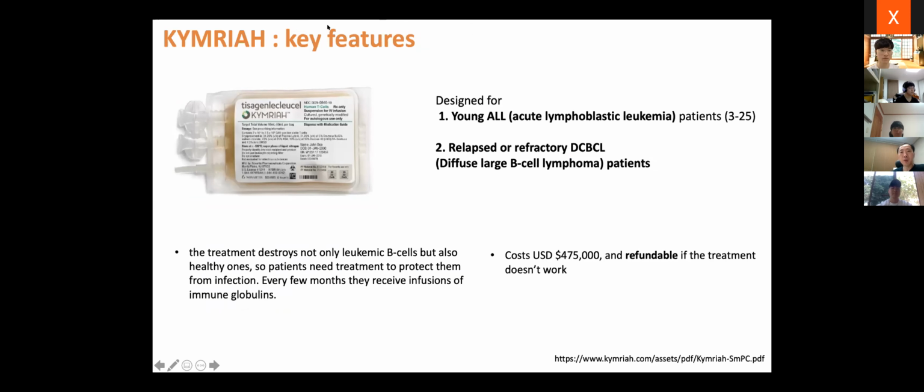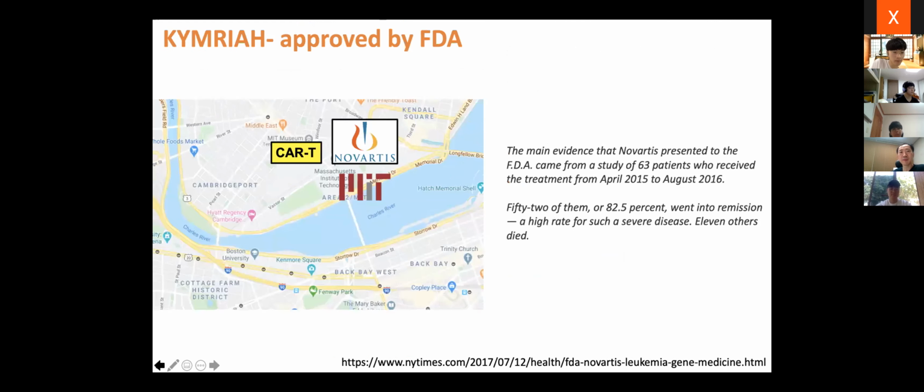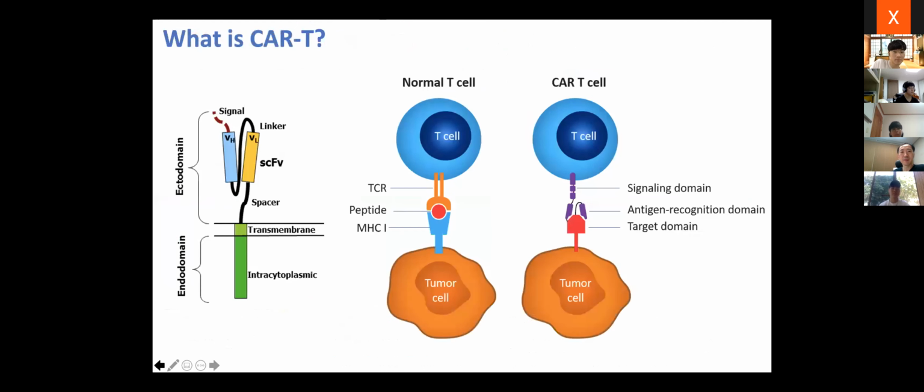Okay, would you go to the slide of the receptor shape? Okay, here. Now, if you look at these two structures, in the normal T cell the TCR is binding to the peptide, and let's say the peptide is your antigen. If you change it into the CAR T, the red color is the target domain.